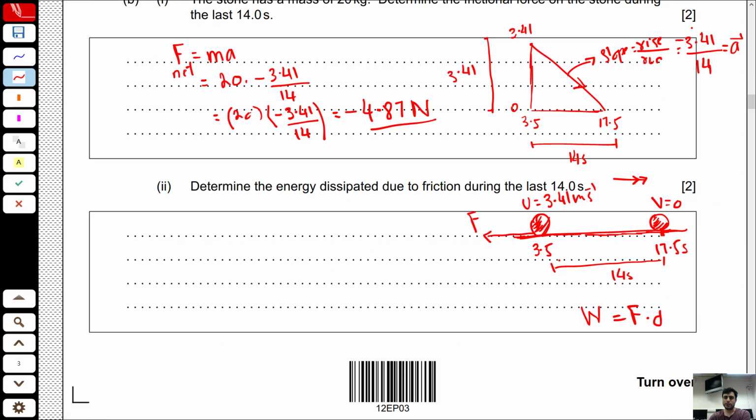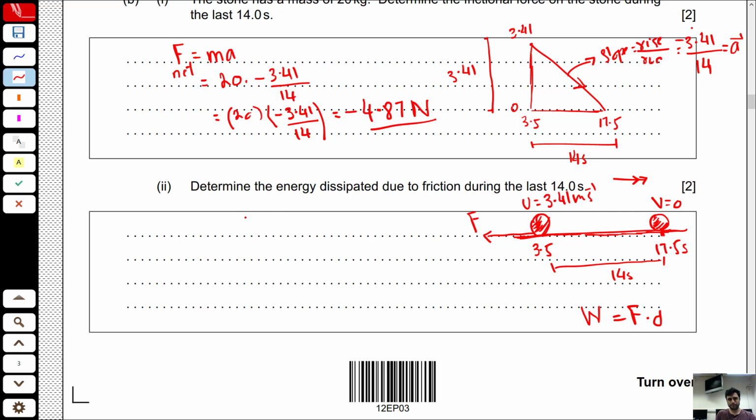Or you can use simple energy conservation. If you use simple energy conservation, you will realize that at 3.5 seconds, the start of the motion, the body has some kinetic energy because it has some velocity. And that entire kinetic energy is lost or dissipated to do work against friction as the body decelerates to 0 velocity.